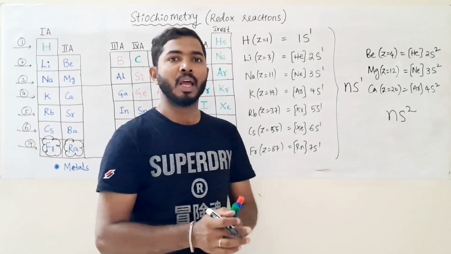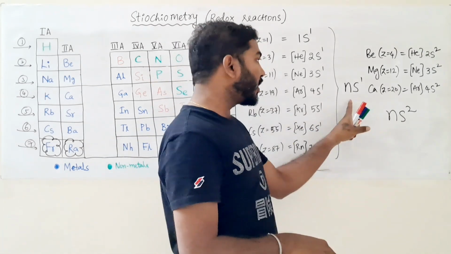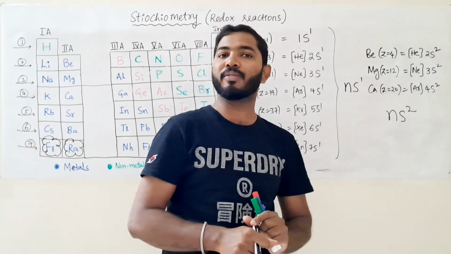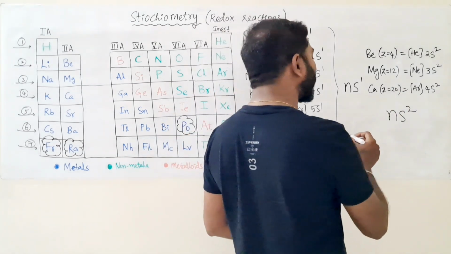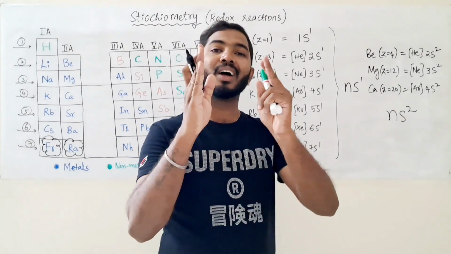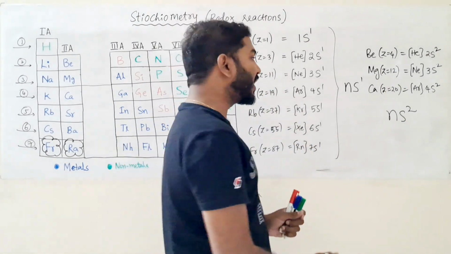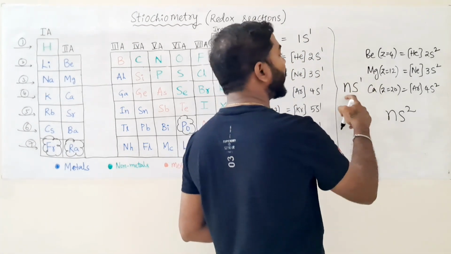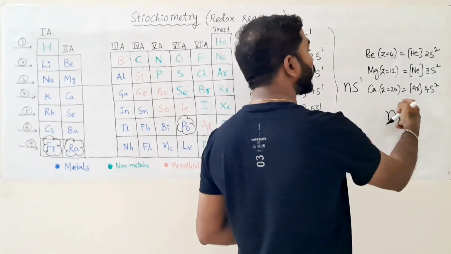Hope you understood. And now by comparing the 1A group electronic configuration and the 2A group electronic configuration, we can write down the general outermost electronic configuration of the entire s block. What is the difference you see here? For 1A group it is ns1, for 2A group it is ns2.